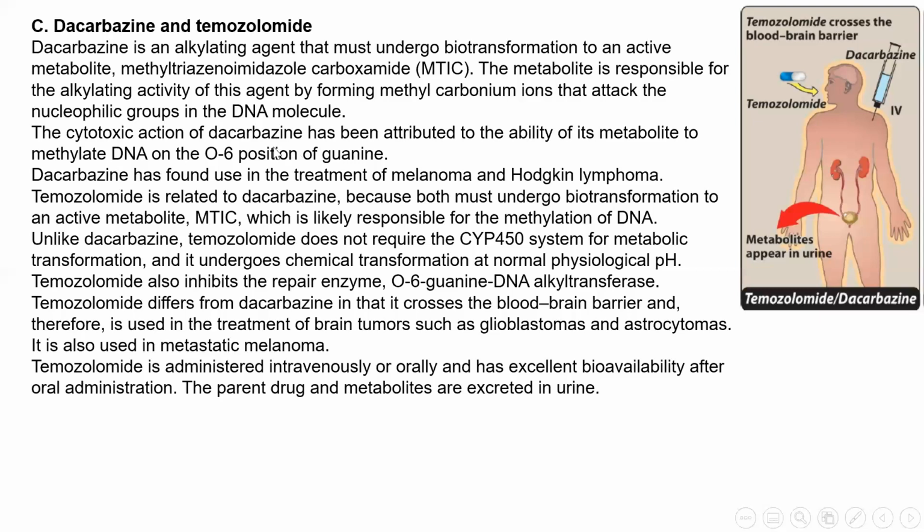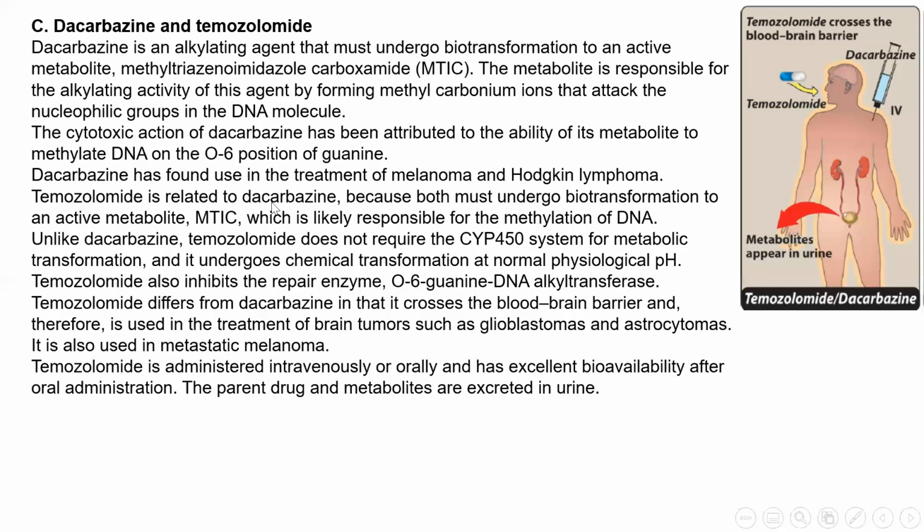Methylation of DNA greatly decreases the capacity of DNA to be transcribed to RNA. So they target certain sites in the DNA, such as, in the case of dacarbazine, the O6 position of guanine. Dacarbazine is now used to treat various cancers such as melanoma and Hodgkin's lymphoma.